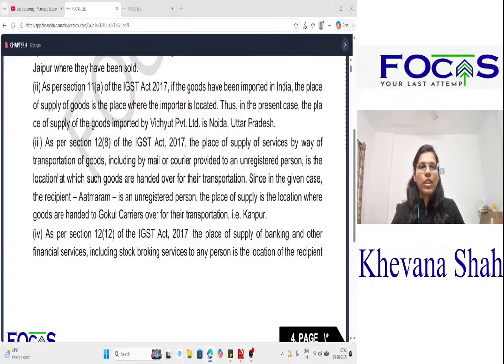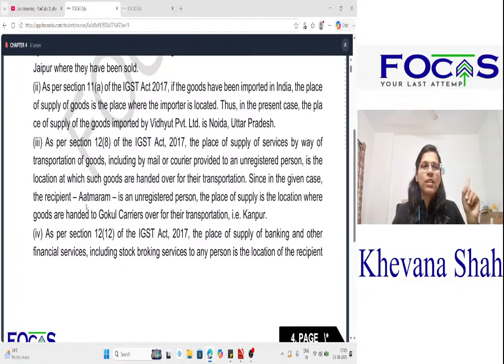Okay, so for this question, it is as per our section 12(8), which says the supply of services by way of transportation of goods, including by mail. Remember, though this is transportation of goods, it is a service by way of transportation of goods. So this will not be covered by our goods sections. It is covered by services sections. So transportation of goods including by mail or courier provided to an unregistered person is the location at which such goods are handed over for their transportation.